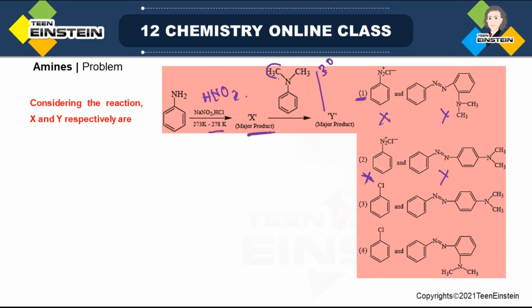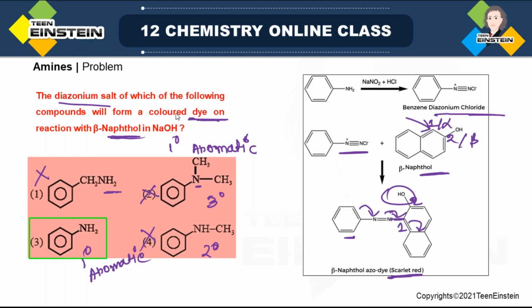This type of group will increase the electron density in the benzene ring. That means the para position of this benzene ring with respect to the NMe2 group is highly electron rich, and this electron rich region will be connected with the N2 plus.